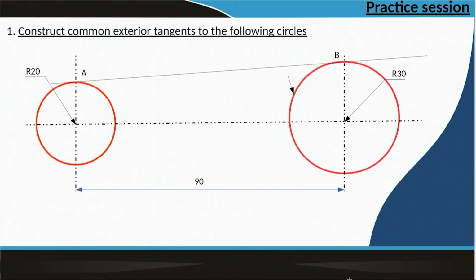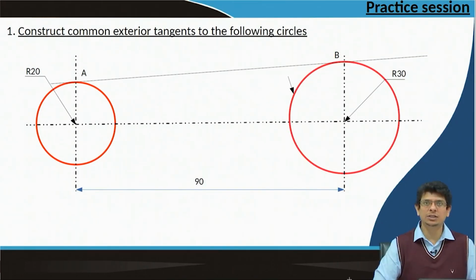So, here a problem is posed. There are two circles, circle A having a radius of 20 units, 20 mm, and another circle of radius 30 units. By drawing conventions, if it is a circle, we have to write it in terms of phi coordinates.